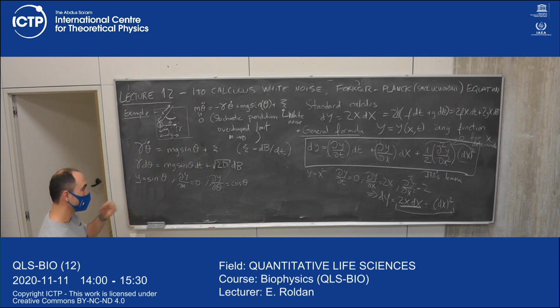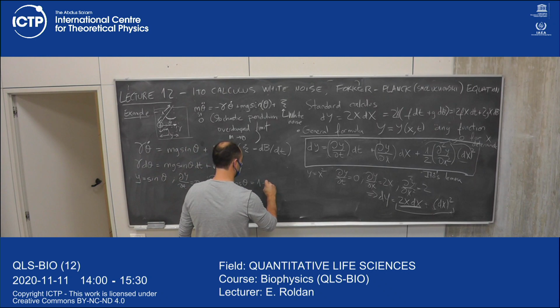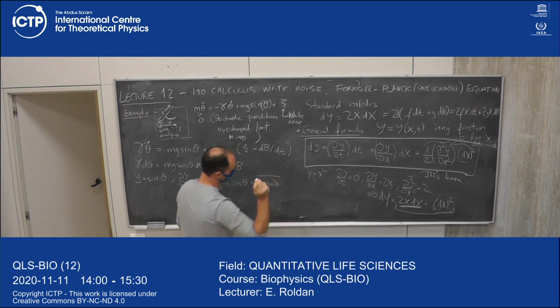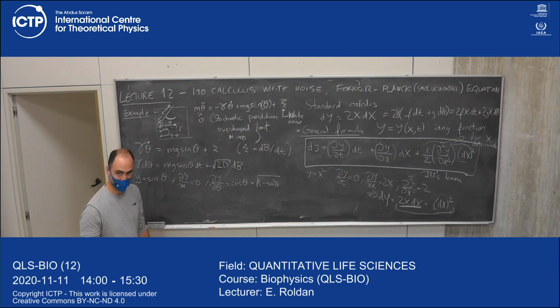And you can see that the cosine is the square root of 1 minus sine squared theta. You know this? Cosine squared plus sine squared is 1.